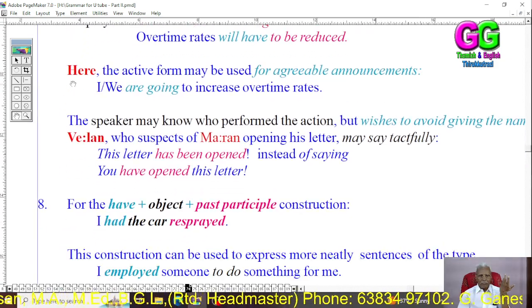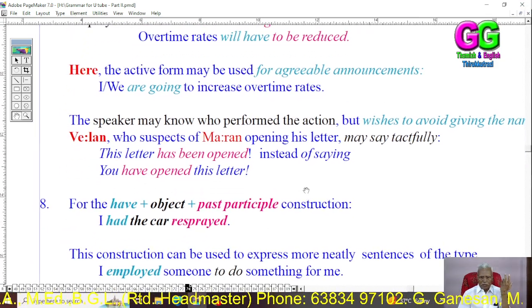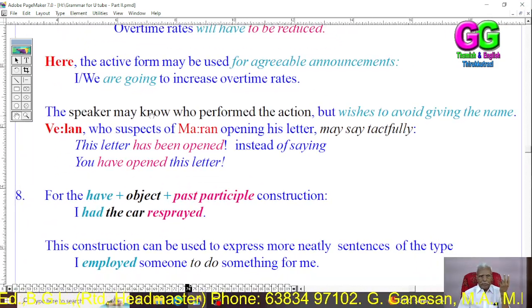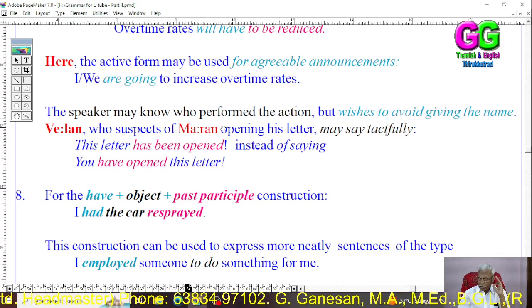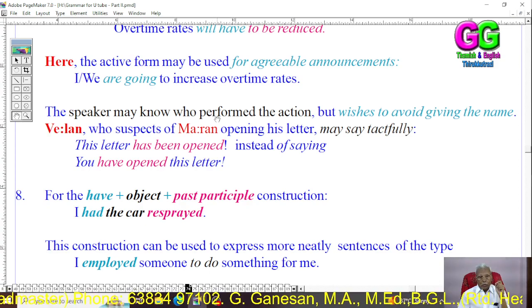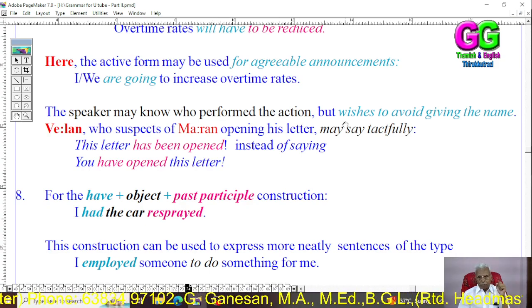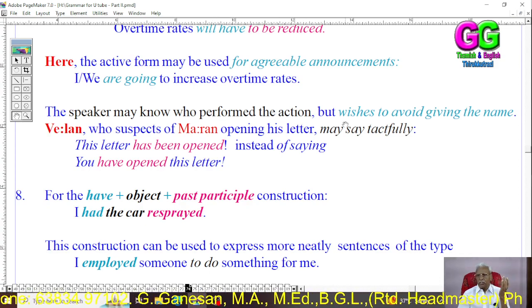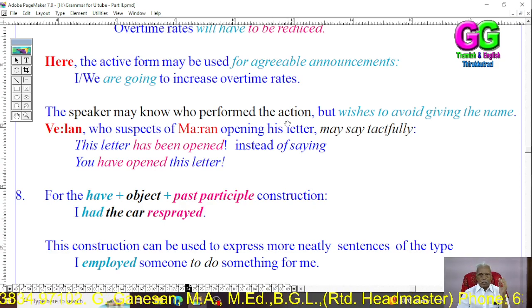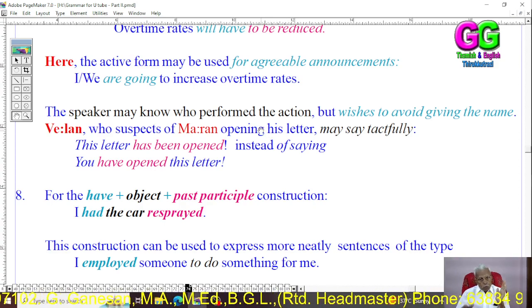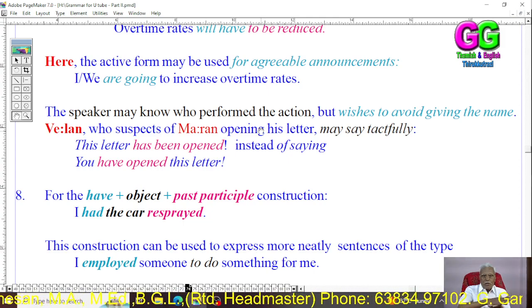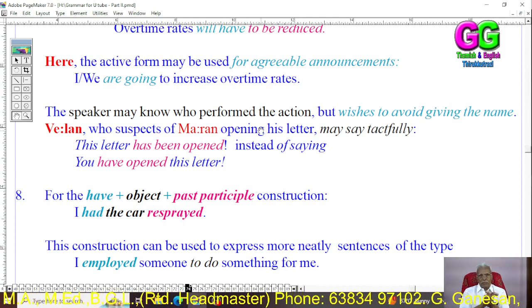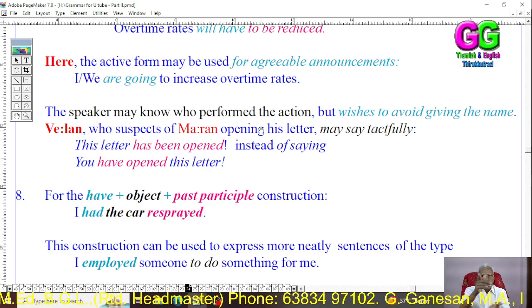Here is another example I have given. The speaker may know who performed the action, but wants to avoid giving the name. When the speaker knows who has done something but wants to avoid naming the doer, it is better to use passive voice.